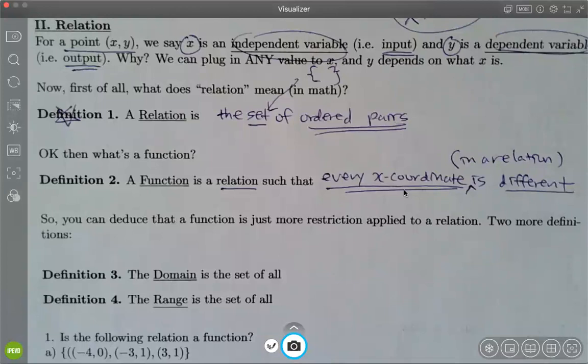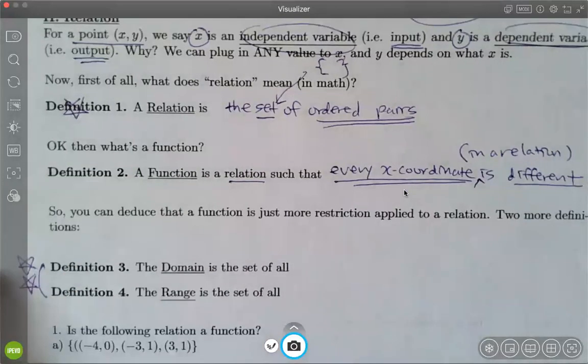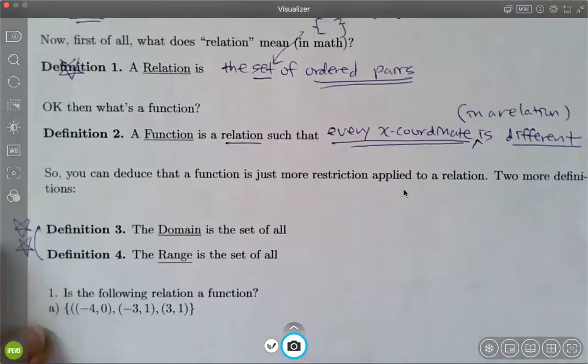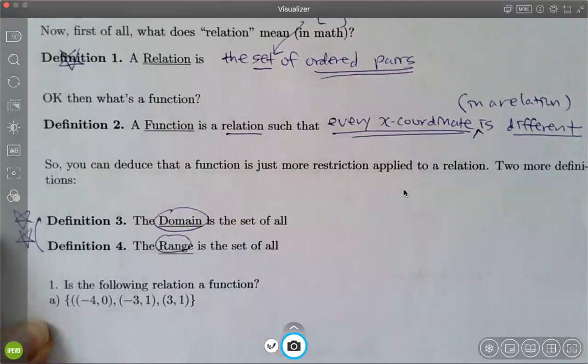Now, the next two definitions will appear like 1,000 times in the future: the domain and the range. Hopefully these two are familiar to all of you. I'm sure all of you have heard the word domain and range.